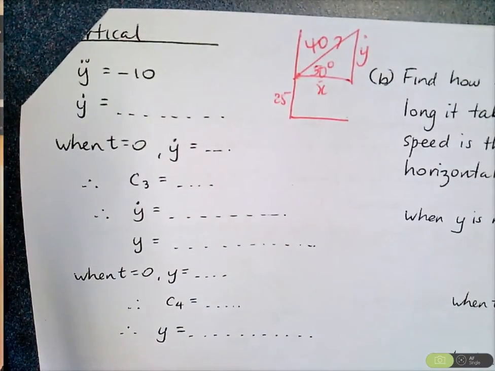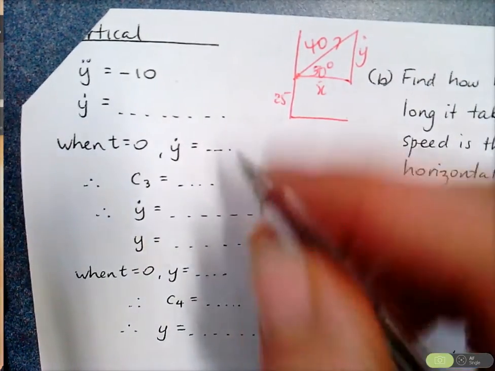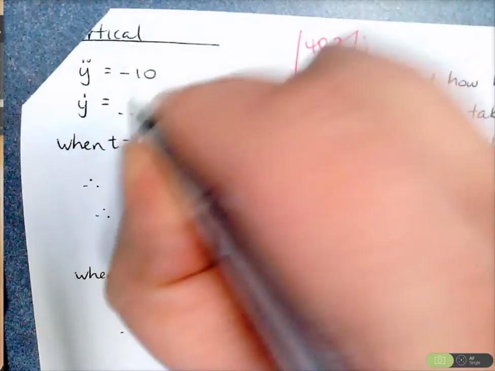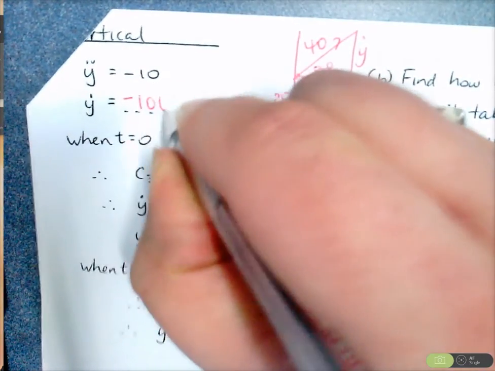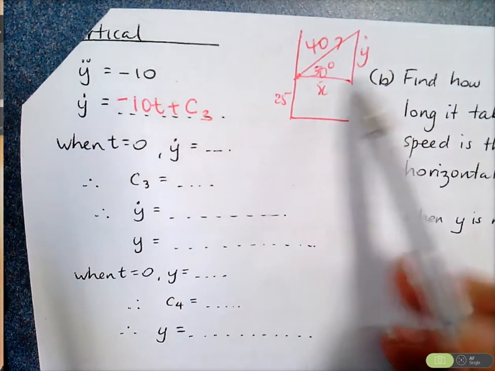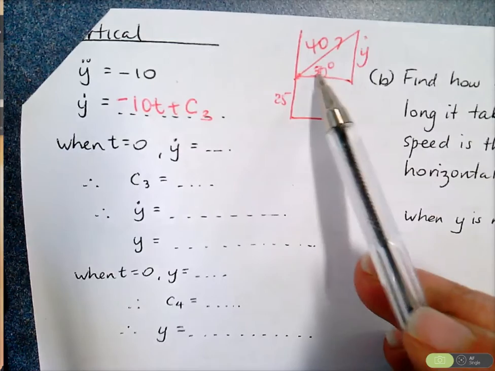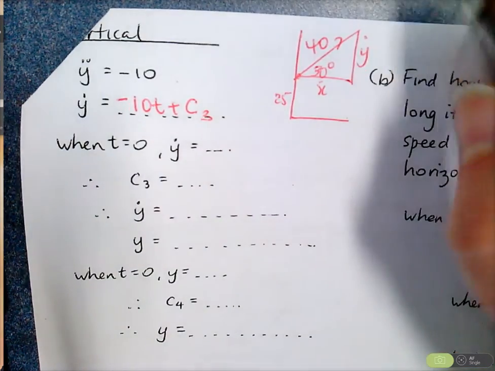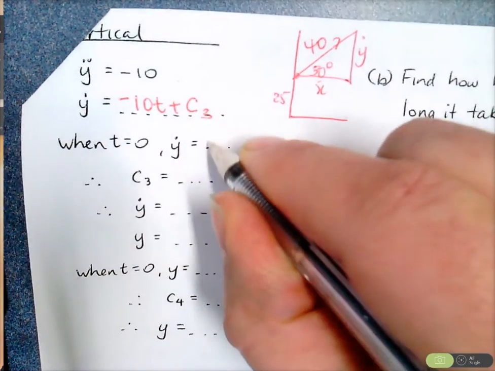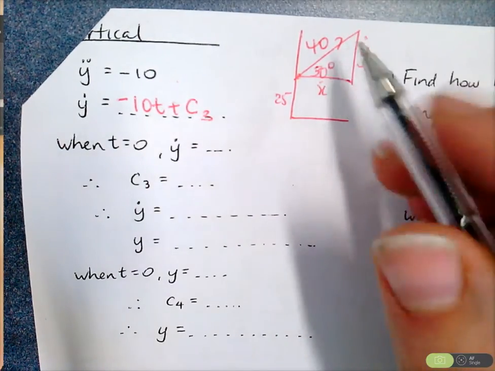So we start with acceleration always. Acceleration is negative 10. Y dot is the integral of negative 10, which is negative 10t plus c3. When t is 0, what does y dot equal? Didn't we have that it was 40 sine 30?